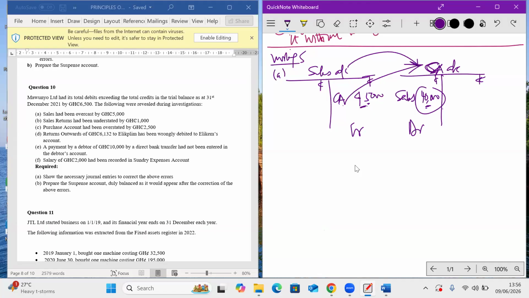Are you getting it? So what is the difference? 5,000 difference. Is there an error of casting? Yes, they've overstated the figure. So now you ask yourself, will it affect the agreement of the trial balance or will it not? It will.